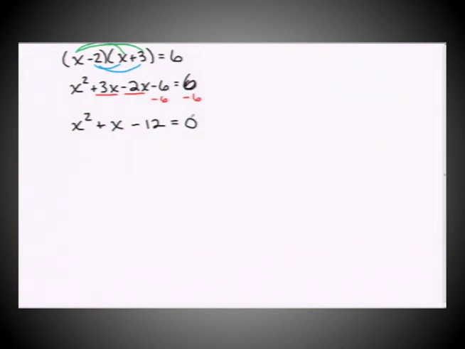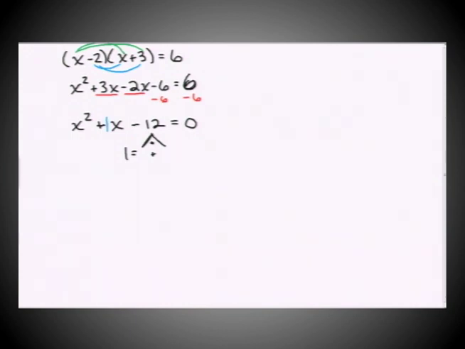So we're ready for that next step of the process, which is to factor the polynomial side of the equation. And for this particular type of trinomial, I simply have to ask myself, what are the factors of negative 12 that add to make 1? Now, if you're curious as to where that 1 came from, remember it's b, and there's an understood 1 being multiplied with the x term there.